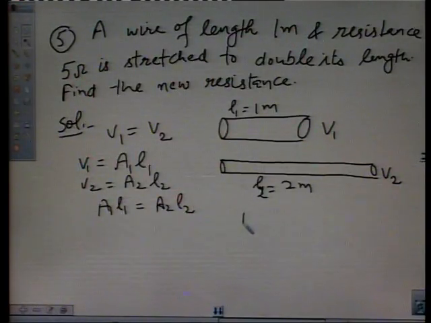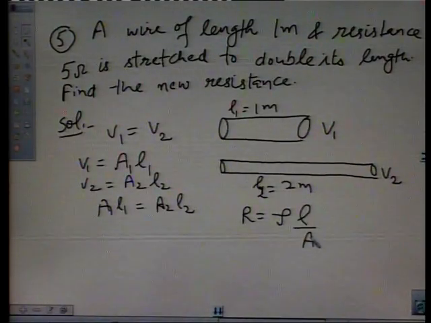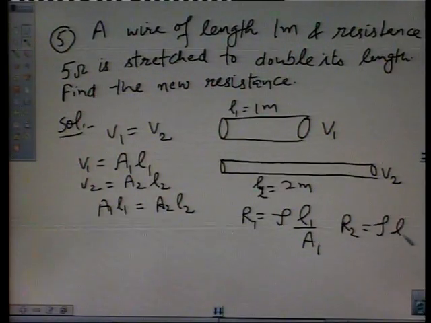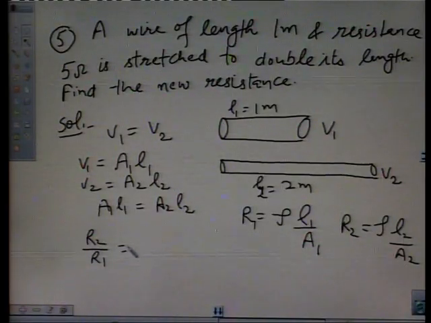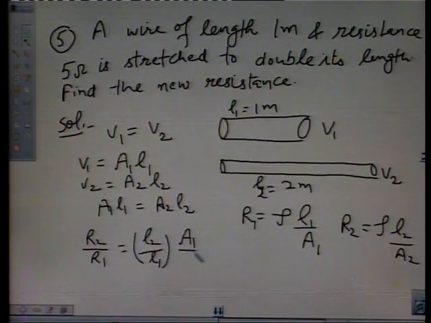Now we know that resistance is equal to rho L upon A. Since the material of the wire is same, the value of rho is a constant, so it does not change. If the resistance of the first wire is R1, length is L1, area is A1, and the new resistance is R2, then this is equal to rho L2 upon A2. When we divide R2 by R1, this is equal to L2 upon L1 into A1 upon A2.